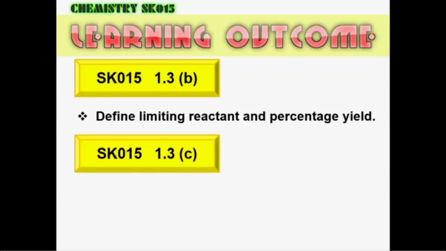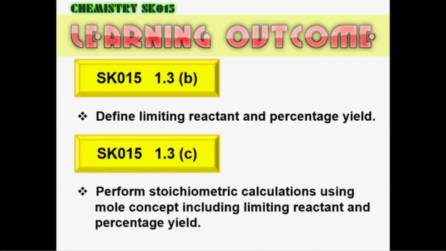Then we discussed the question, in which you need to perform stoichiometric calculation using the mole concept to determine the limiting reactant and the excess reactant. And in the last question, we looked at how to calculate percentage yield. So that's all for today's lesson.